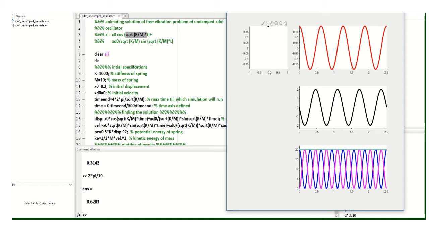Now you can think of this mass particle as a projection of another fictitious particle which is moving along a circle. I'm so sorry, I changed it.